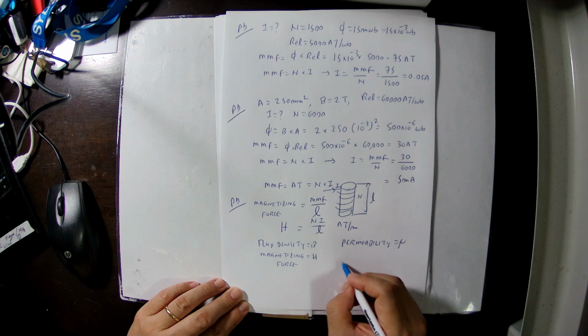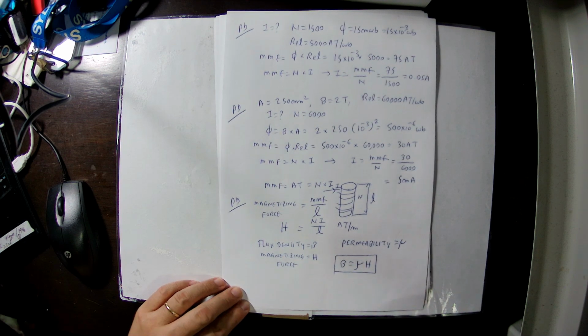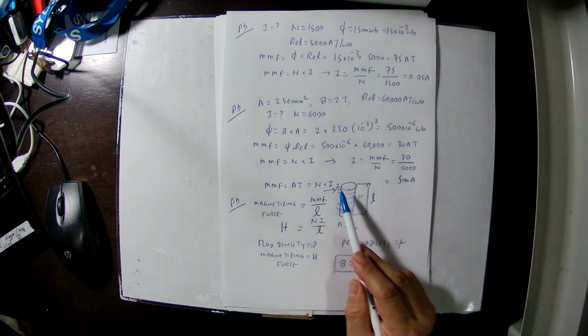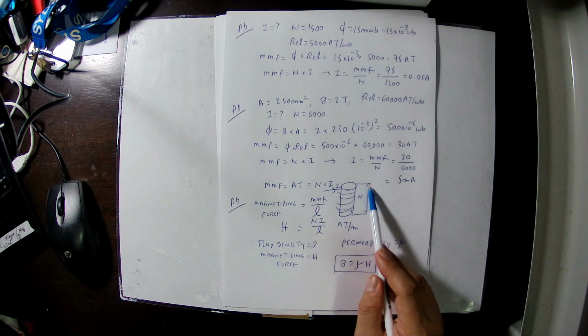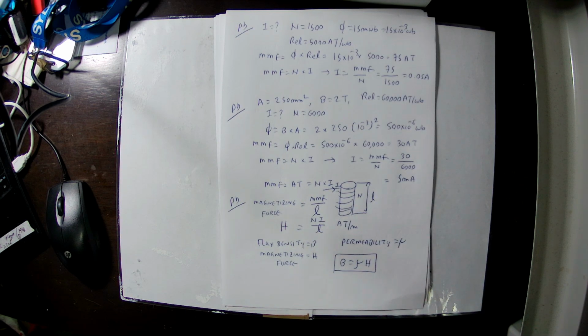So we write the equation B equals mu H. The magnetizing force is calculated as number of turns multiplied by current divided by length of the coil, Ni by L, with unit ampere turn per meter.